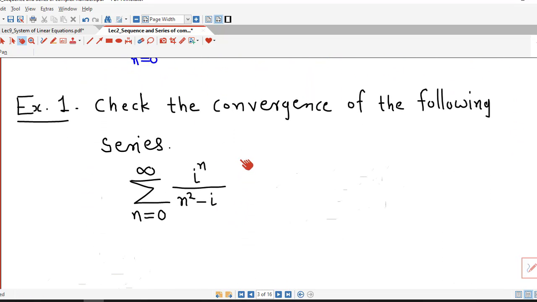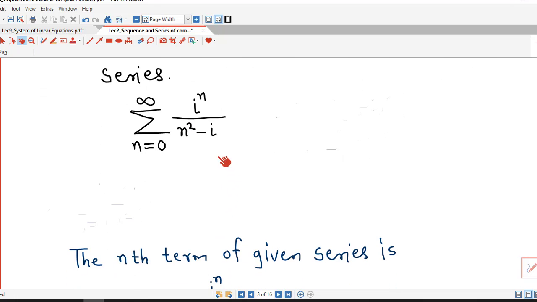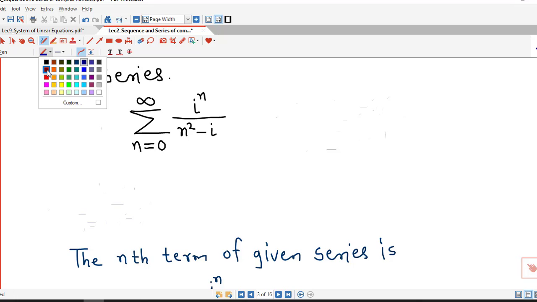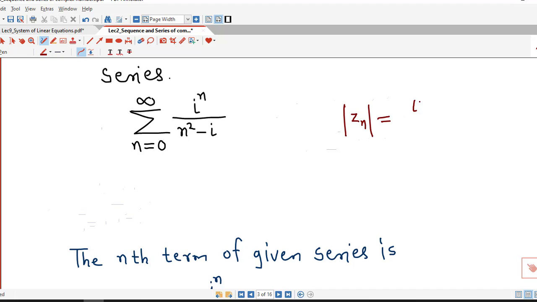Now we consider this example to understand the comparison test. Check the convergence of this series sigma i to the power n divided by n square minus i. If we want to check the convergence of this series by comparison test, first we find the modulus or absolute value of the nth term, so that we may have an idea with which series we can compare this given series.